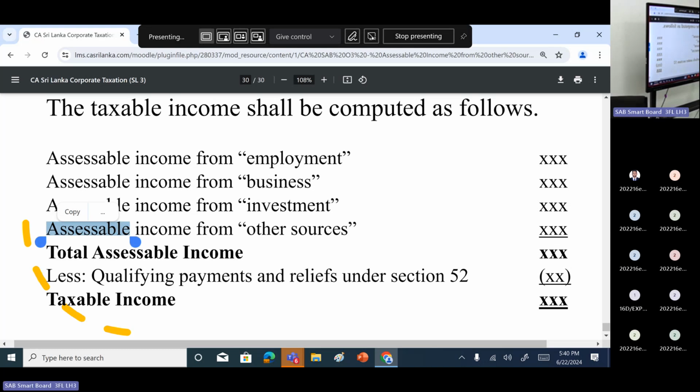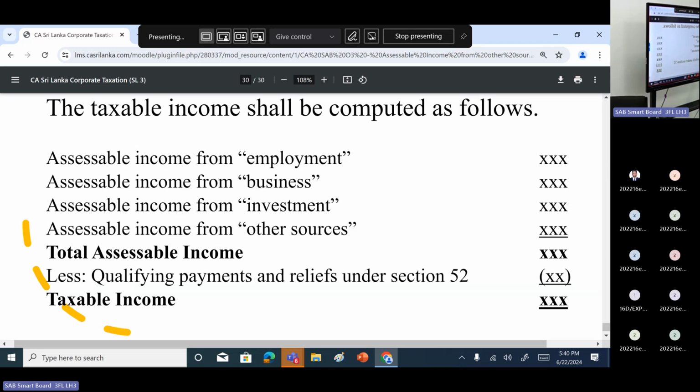So then we have to work out the total assessable income. Thereafter we can deduct qualifying payments and relief. Under relief, if there is any capital gain, you cannot deduct the 1.2 million relief. That is not entitled. Then it comes again under the taxable income.